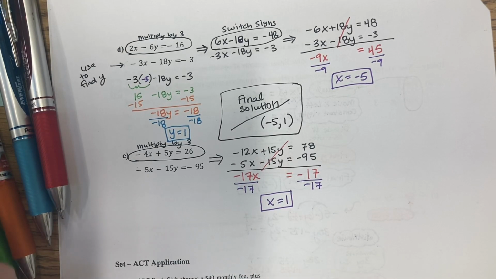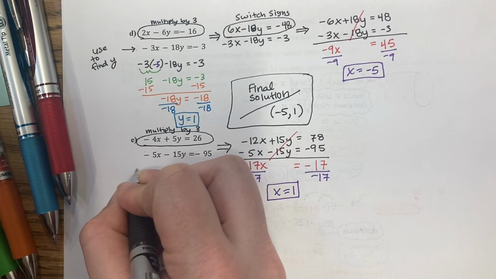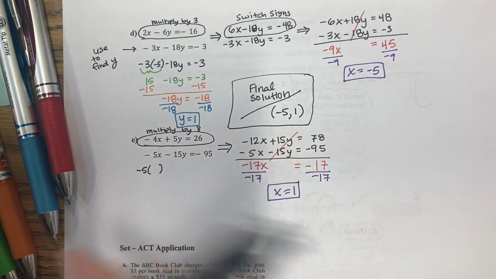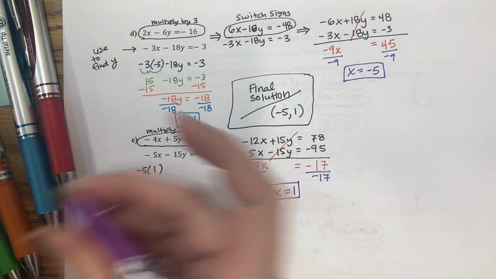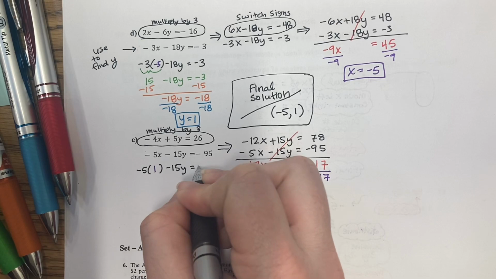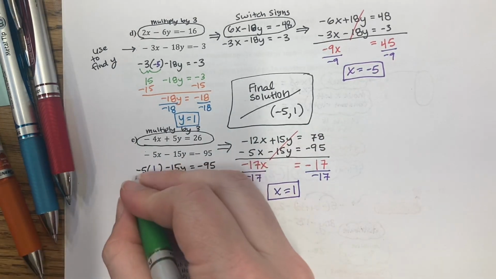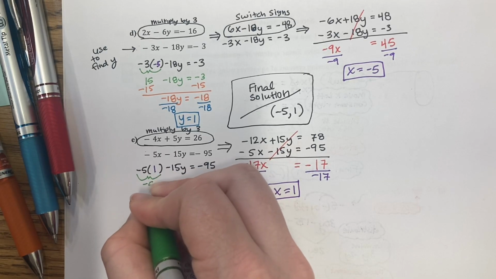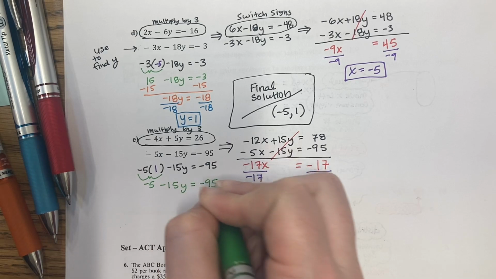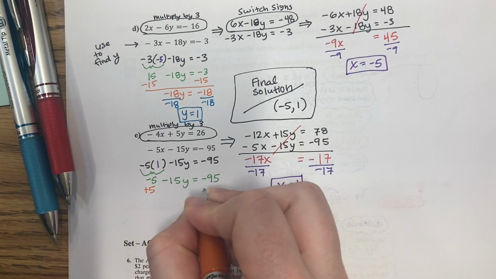I pick either of the equations. I'm just going to use this bottom one again. And I'm going to replace the x with the number we found. And then that becomes a minus 5 minus 15y equals negative 95. Add the value over.